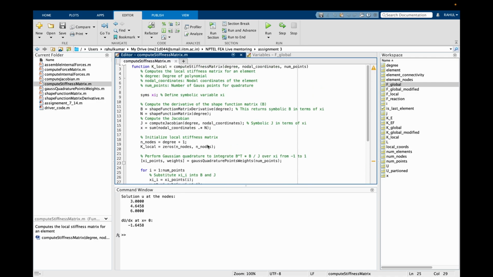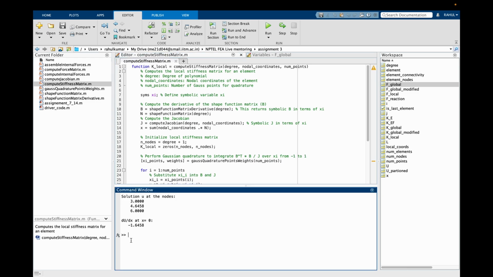So when you run this code, okay, so what is the degree here? In this problem it is saying to write the linear polynomial. Okay, so what is the degree here? Degree equal to 1. Okay, what is the nodal coordinate?